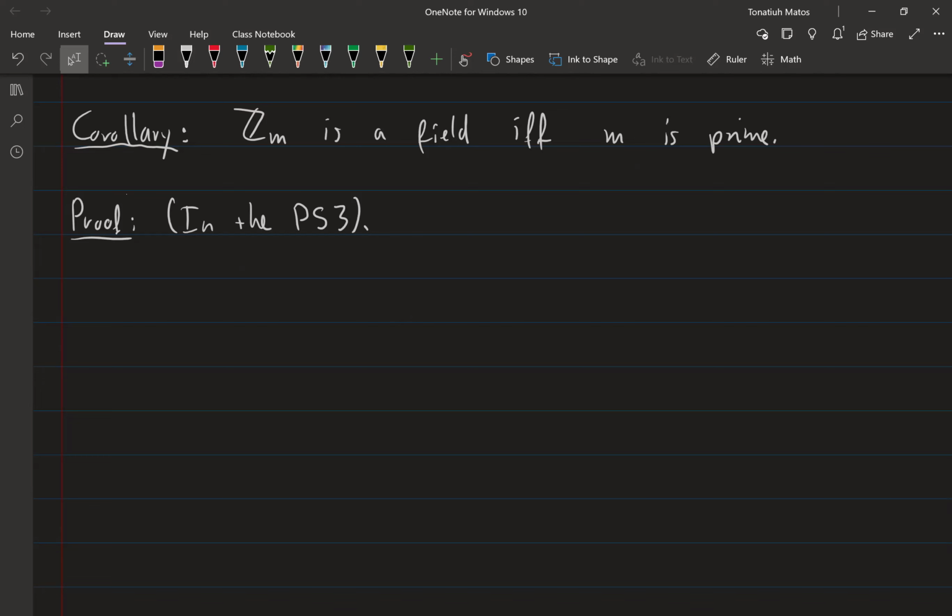Let me give you a slight generalization of the thing that I just mentioned, and maybe one more example that should make this corollary easier because it's the same idea, right? So if m is 6, well, this is not prime because you can factor it as 2 times 3. Then how do you convince yourself that this is not a field?